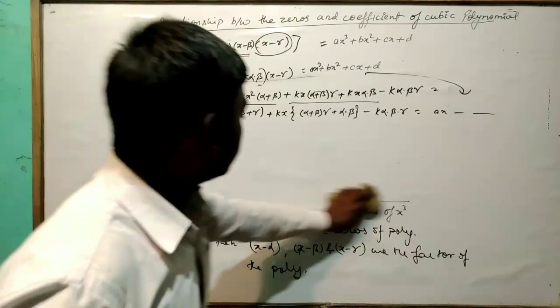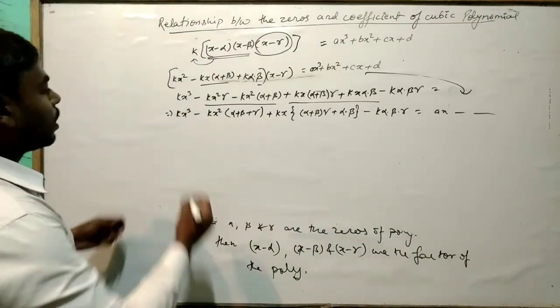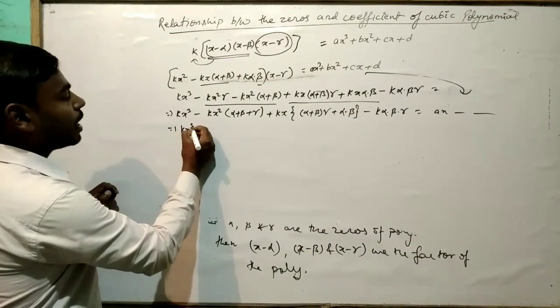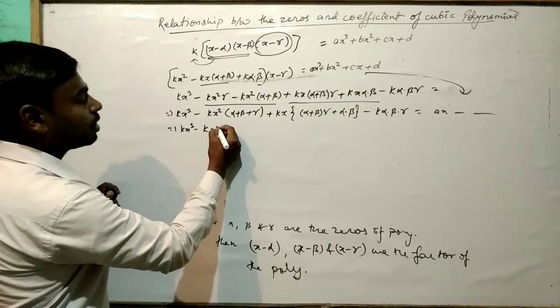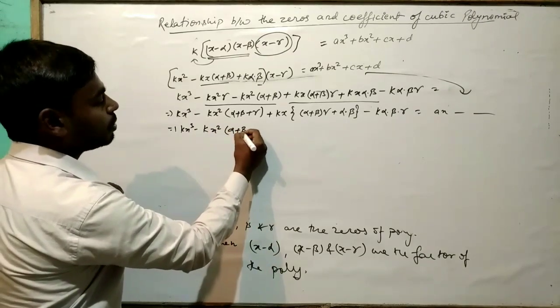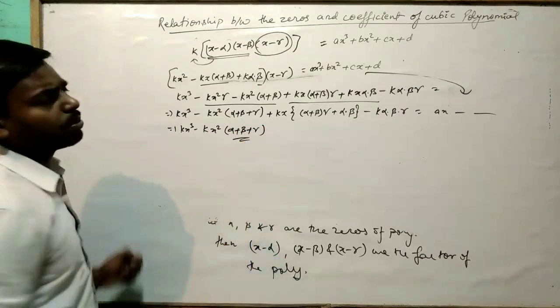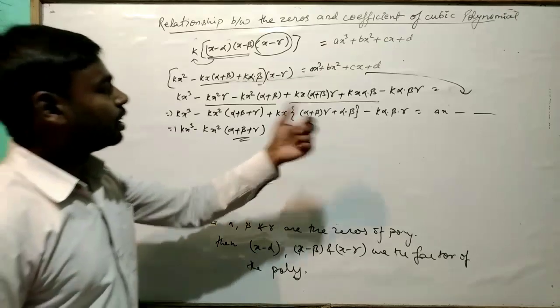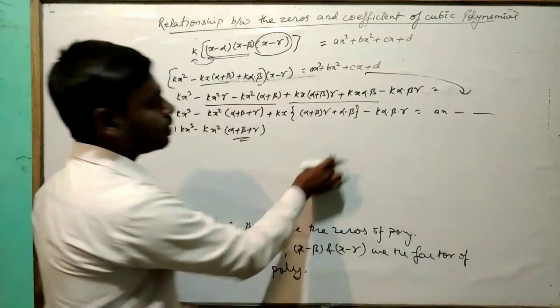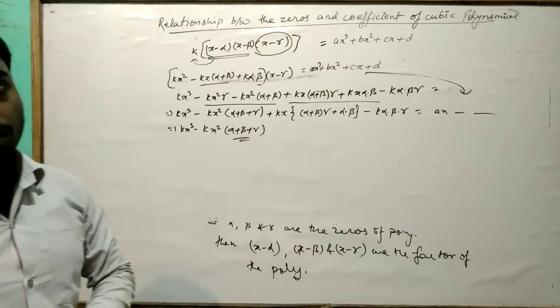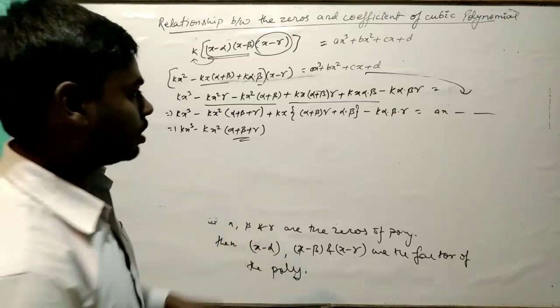Now again we arrange here. We get alpha plus beta plus gamma as the sum of zeros, and here the product of zeros. Now we have to take the sum of the product of zeros taken two at a time.